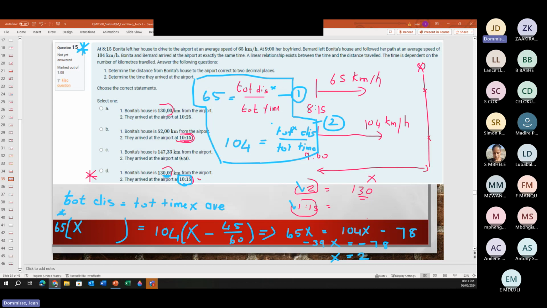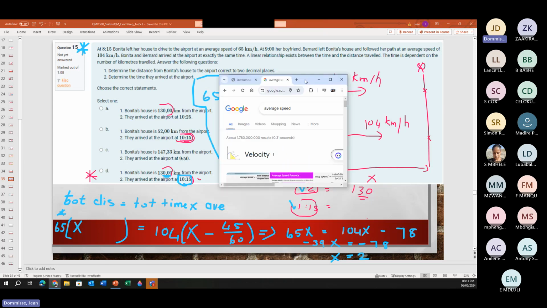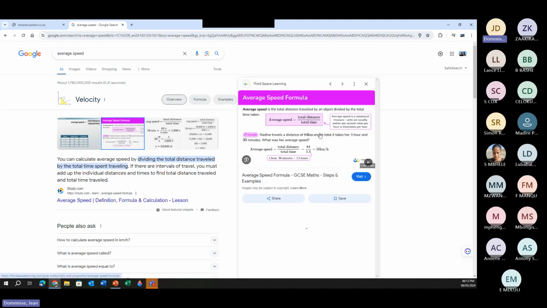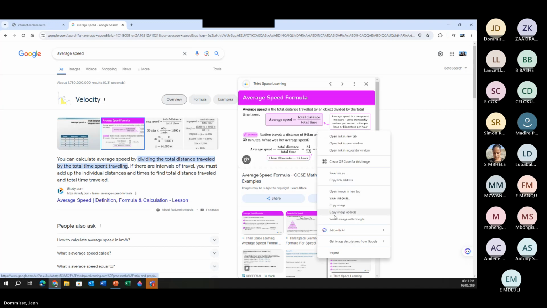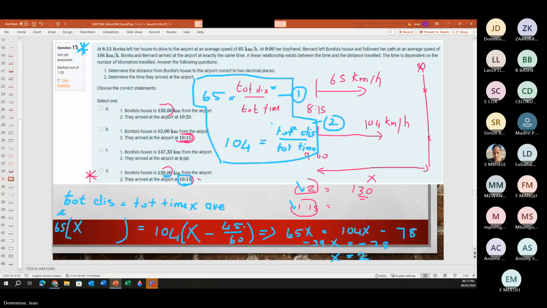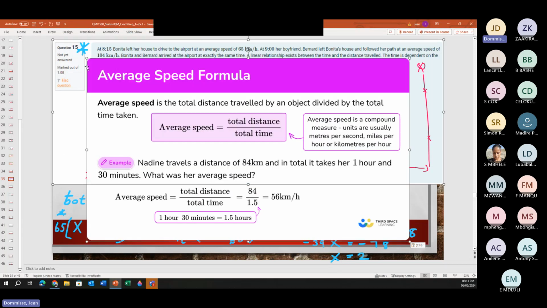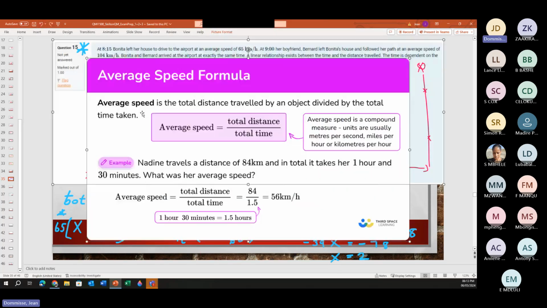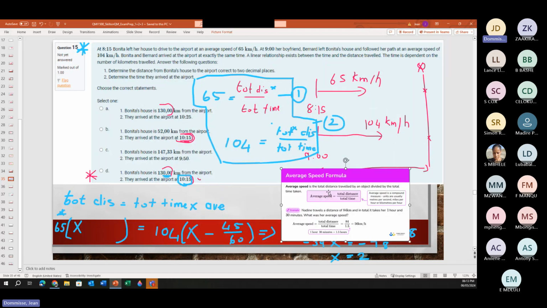But yeah, I quickly now Googled what the average speed is. So I'm just going to put this image in for you guys in this presentation as well, so that you just have it if we need it again for something, or if you need it.